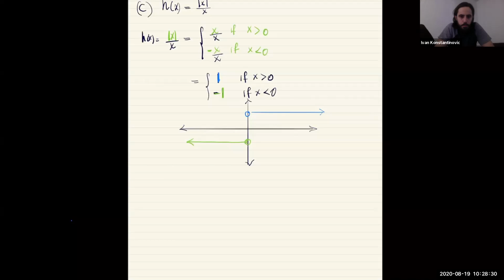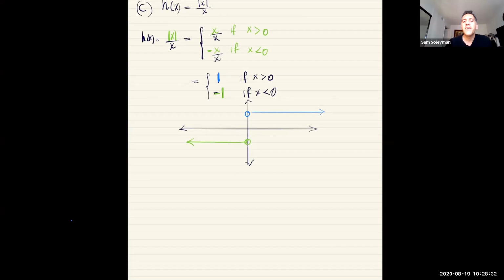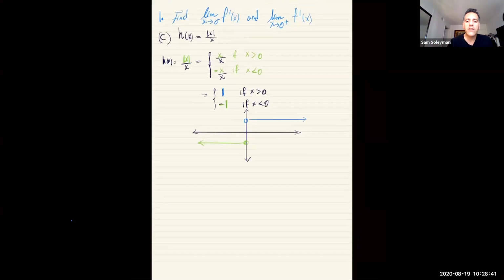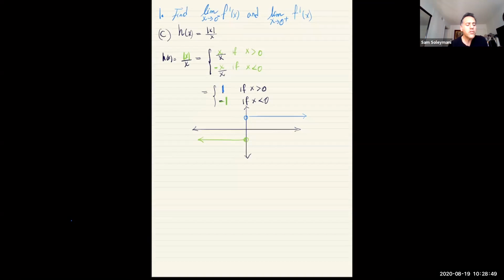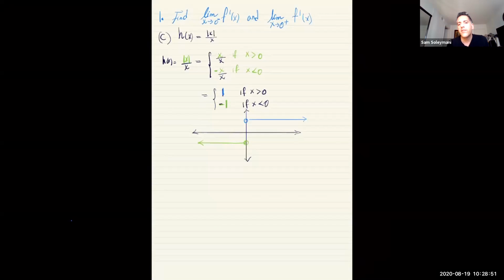Who said it is? I'm kidding. It's not differentiable. If a function is not continuous at a point, it's definitely not differentiable. That is the end of it. Although the derivative is 0 from left and right, this thing is still undefined at 0.